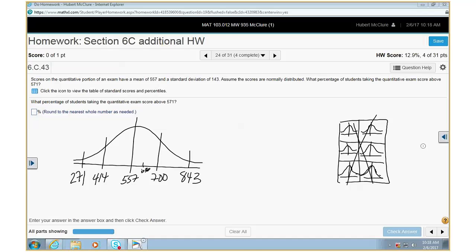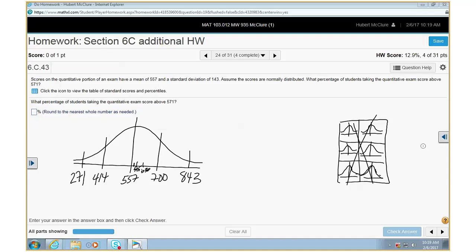Well, half of 70 is 35. So this would be 595 right here, just roundabout. So 571 would be right in here. From 560 to 595 is 35, half of 35 is 17. 17 would be what? 570. Somewhere around there. 570 would be right in there.